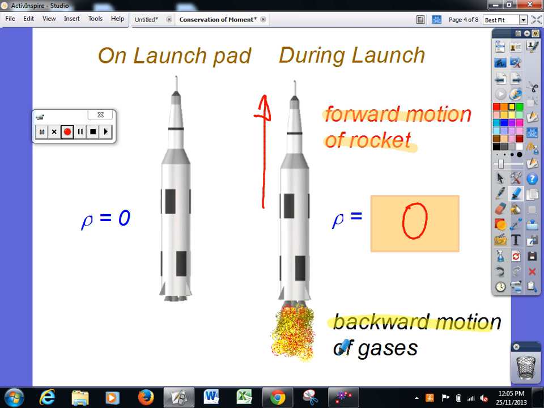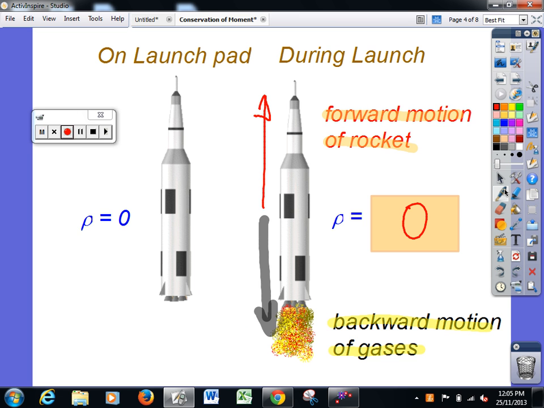The backward motion of the gases must balance out the forward motion of the rocket, so that we have this second vector of momentum being the same as the forward momentum of the rocket. Okay? So are we okay that the forward motion and the backward motion must be equal and opposite?